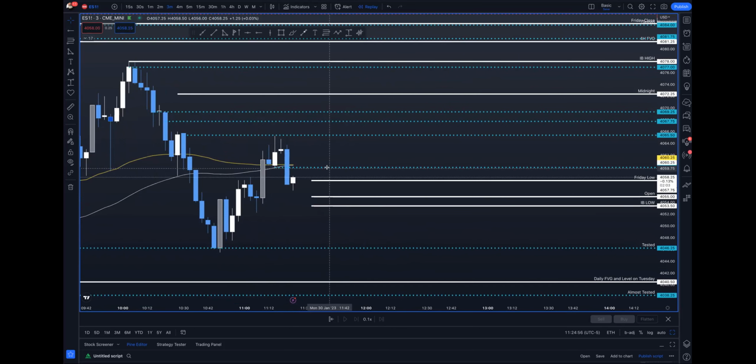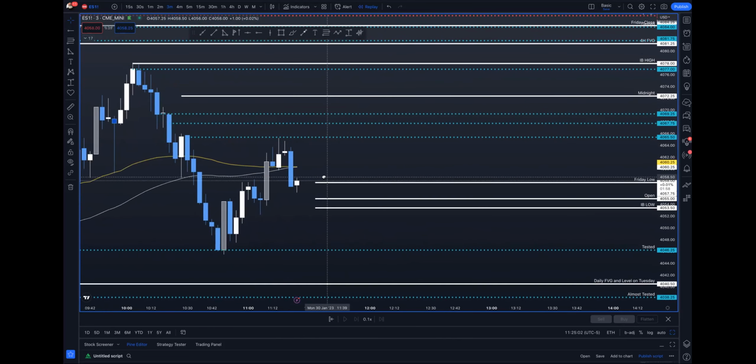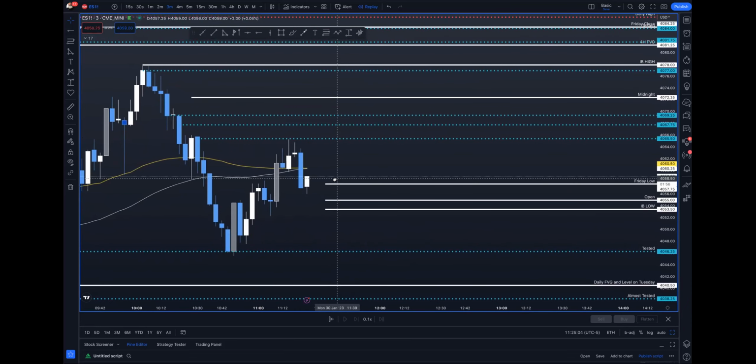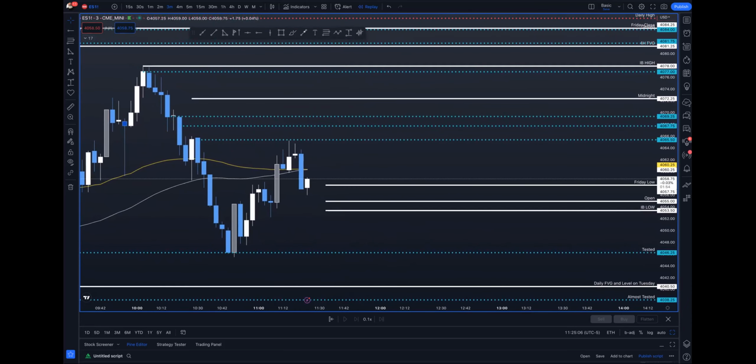So we'll see what happens. This break level should have held it, to be honest. And if I'd have taken that front side, I'd be out right there. Dang, no 10-pointer.